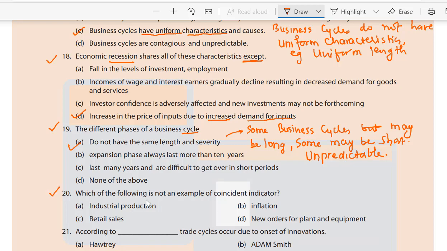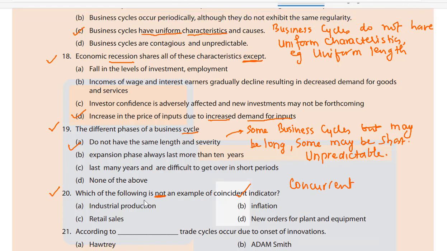Question 20. Which of the following is not an example of coincident indicators, or concurrent indicators?